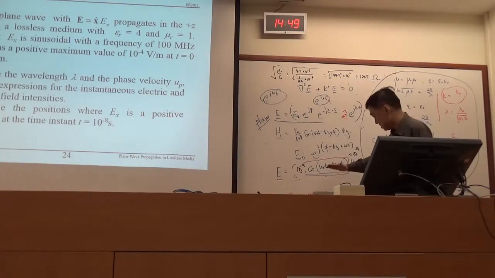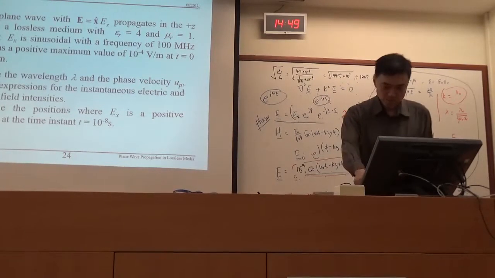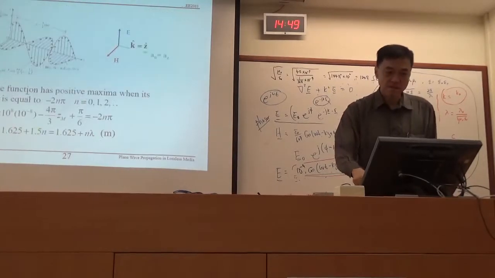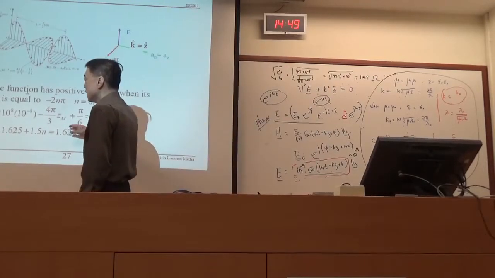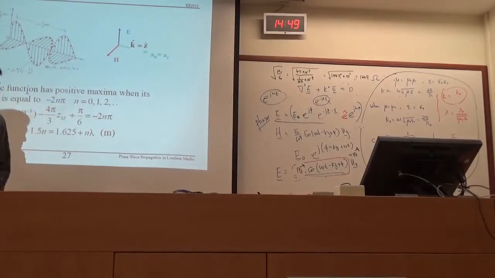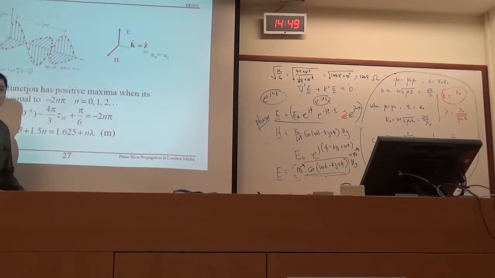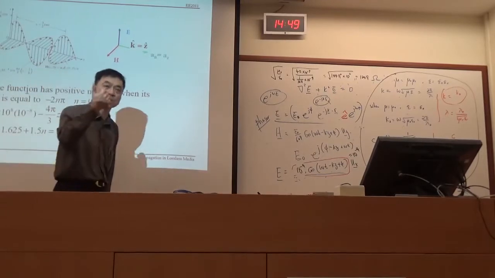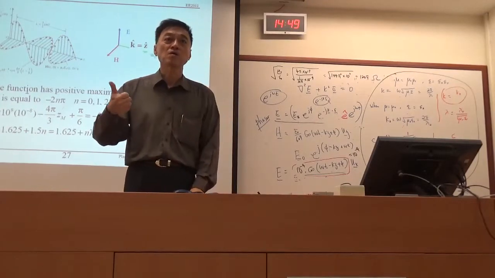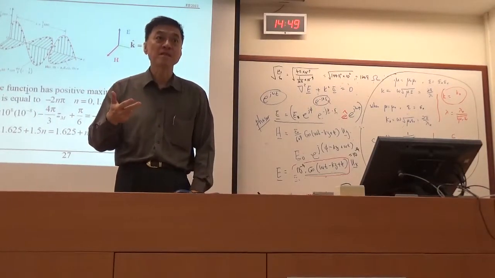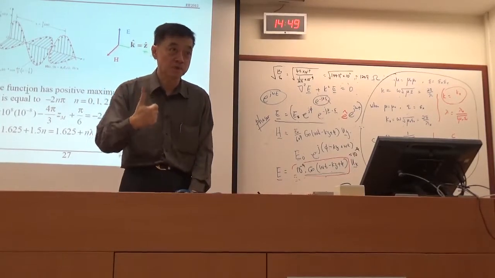Once again, the cosine must be equal to 1. So same thing. The cosine must be equal to 1, and the argument equal to minus 2n pi. Now, cosine equal to 1 when the argument equal to 0, 2 pi, not pi, because cosine pi is equal to minus 1, so it's a negative maximum, not positive maximum.